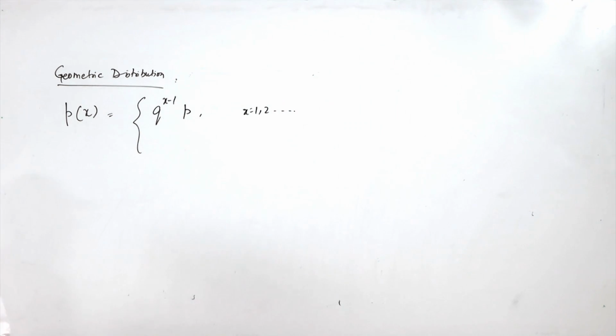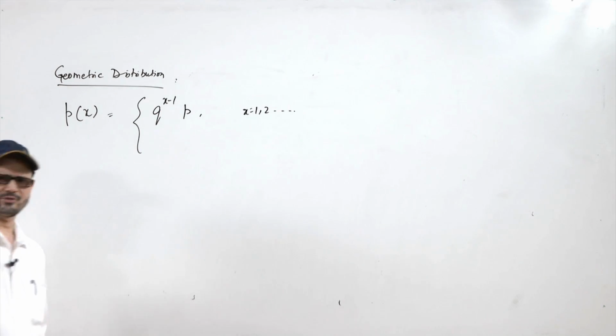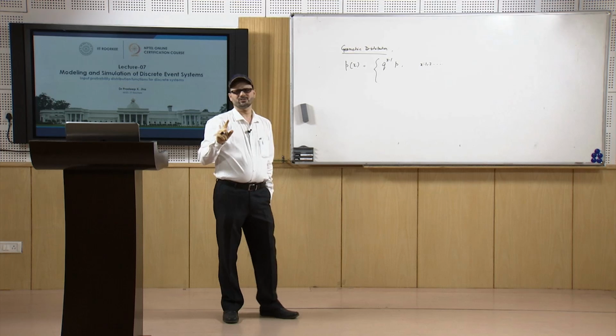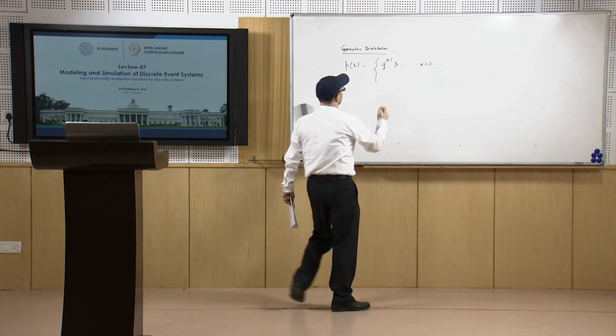That is why on p you have the exponent 1, and on q, because you have x minus 1 failures, it is q raised to the power x minus 1, and it is 0 otherwise.